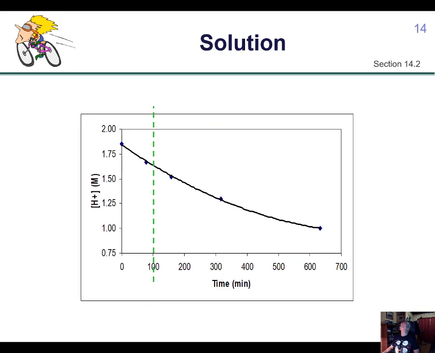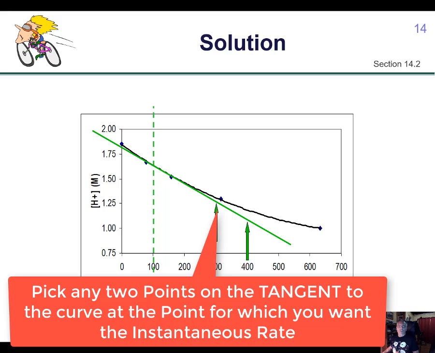So here's your solution. All right, so here is 100 minutes. We're going to draw a tangent to the curve right here at 100 minutes, and then we'll calculate the slope of that particular line. So you just pick any 2 points. If I pick these 2 points, my difference between T2 and T1 is simply going to be 100 minutes.